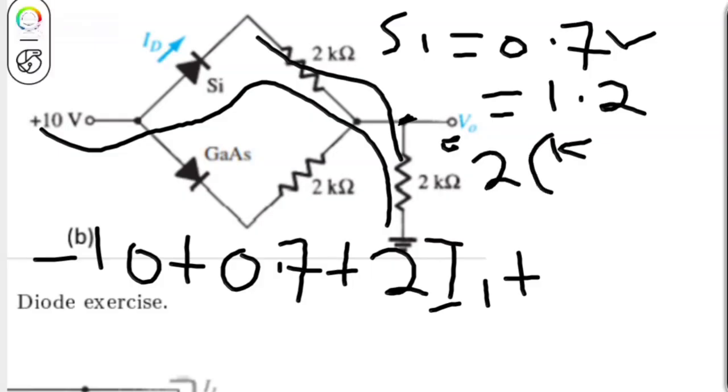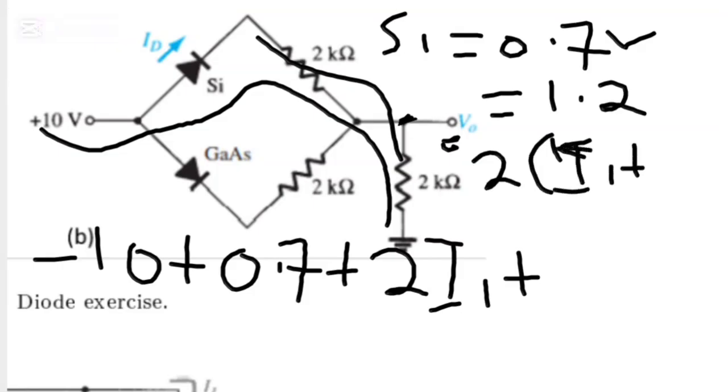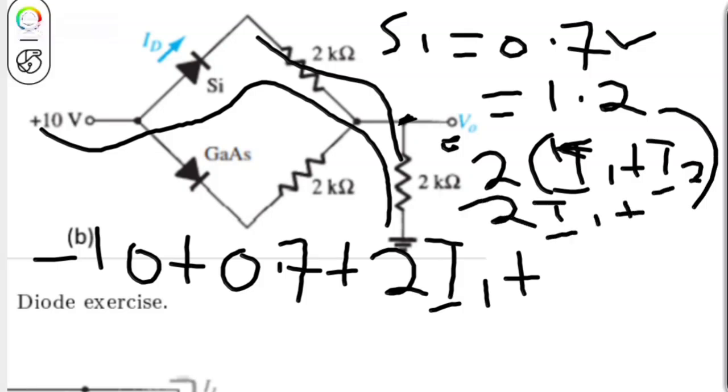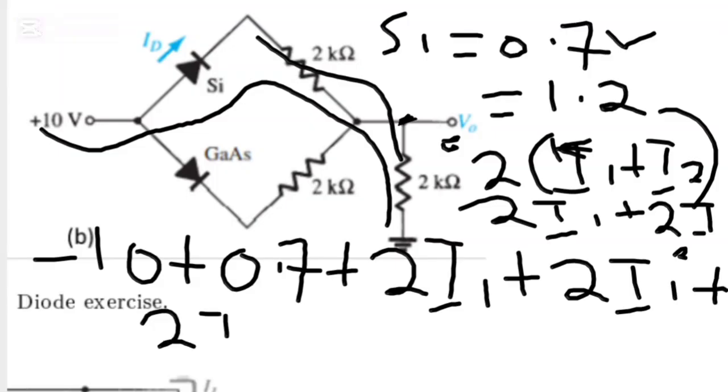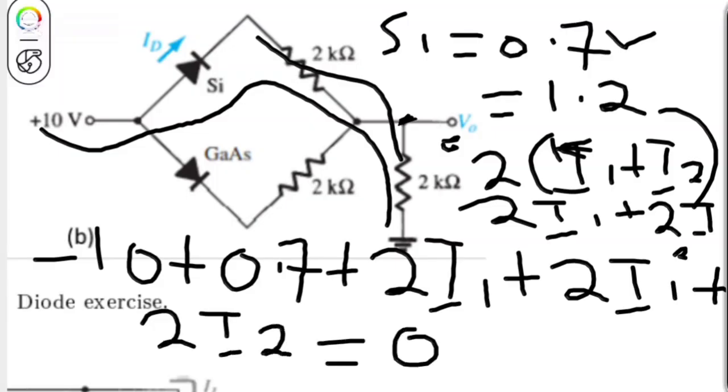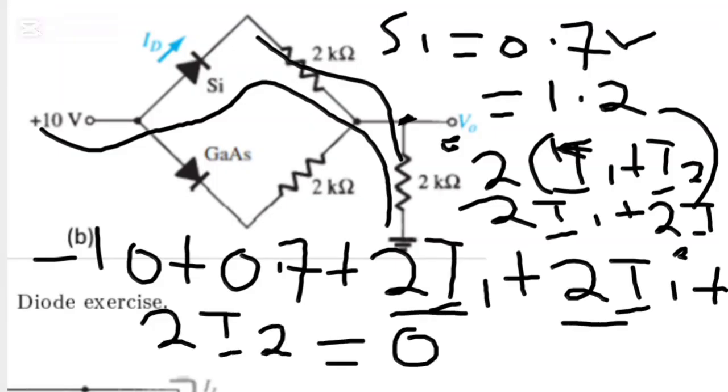So if 2 into I1 plus I2, what shall I get? If I distribute, I will get 2I1 plus 2I2. So I have 2I1 plus 2I1 plus 2I2 all equals to 0. I1 and I1 are in common, so I add them and they will become 4I1. So you have to be writing it down.